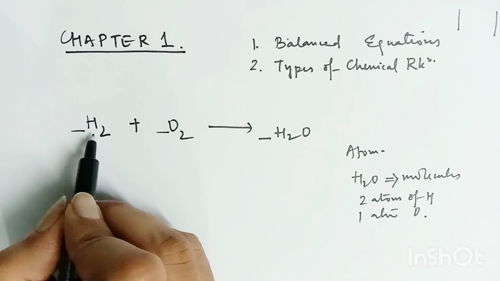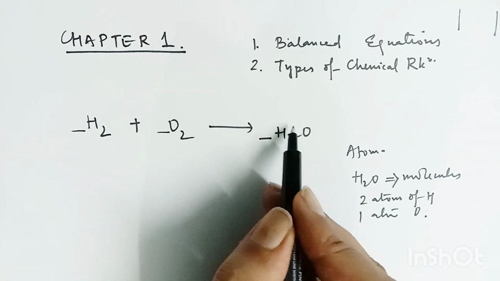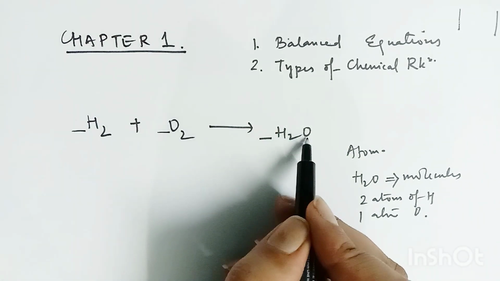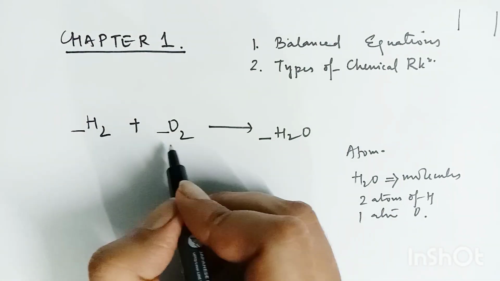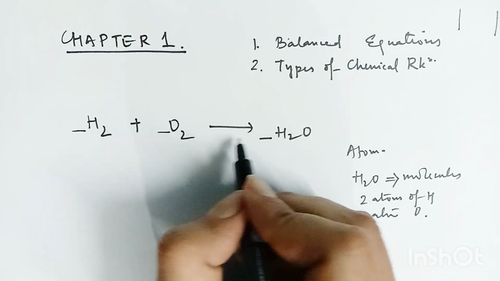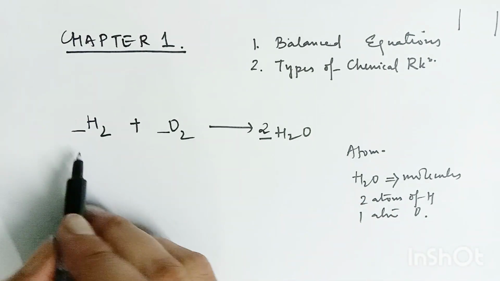For hydrogen there are two atoms here, and here also two atoms. For oxygen there are two atoms here, but here there is one. So you will put a 2 over here. Now let's count the number of hydrogen.